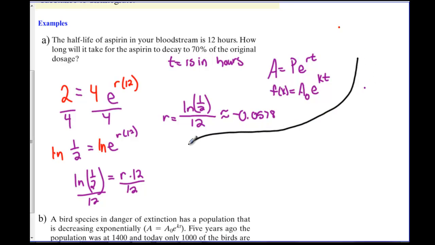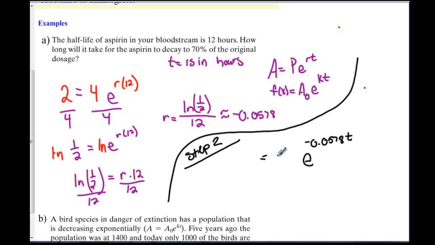So now, that was step 1. Step 2. So step 1, we found the rate. Step 2, we're going to use that rate. So we have E to the negative 0.0578 T, because it's asking us how long to get to 70%. Well, I need to pick a number and then put 70% on the other side. 100's pretty easy to take 70% of, right?